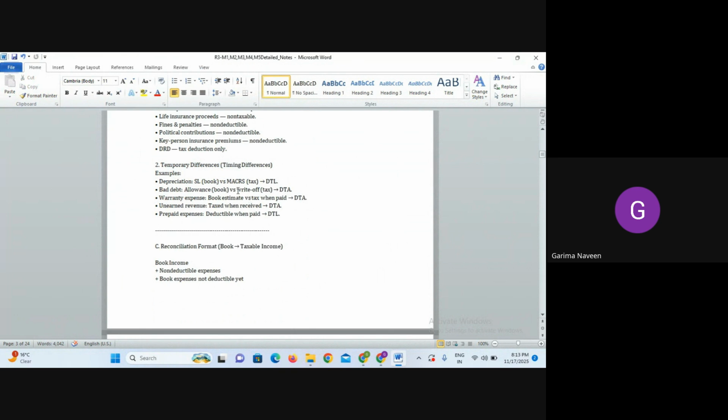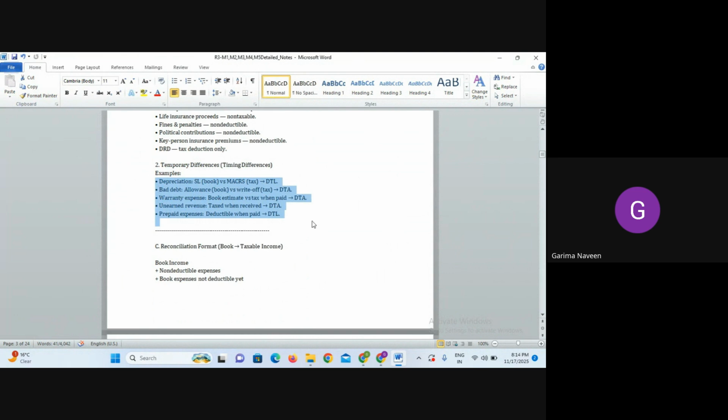We show the expense only for the actual write-off. Warranty expenses, unearned revenue, prepaid expenses. These are some of the differences which give rise to temporary differences. This means the differences are due to the timing of the recognition of the income or expenses.